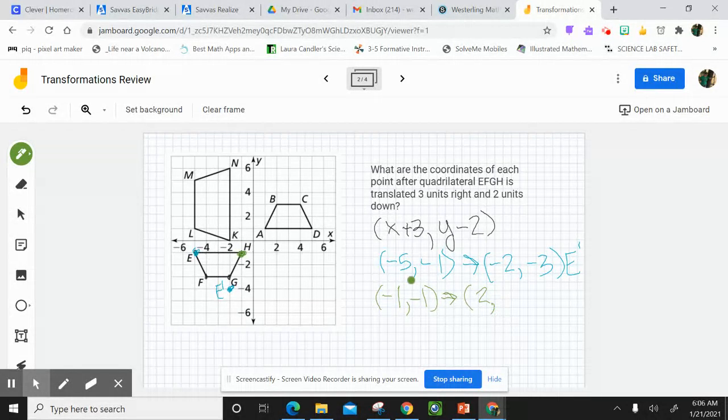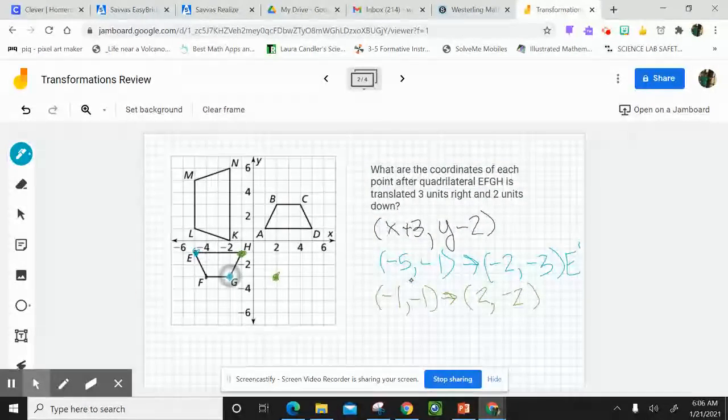And then down 2, start at -1, go down 2, 1, 2 is right here. I think I accidentally subtracted 3 from E instead of 2. Yeah, make sure you look at your mistakes. So that is my E prime.